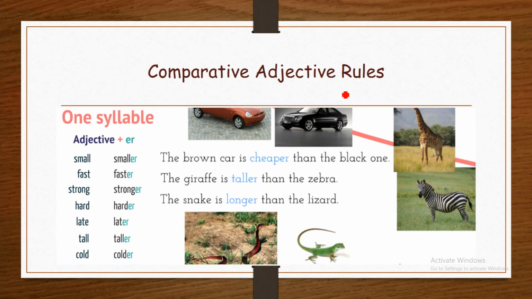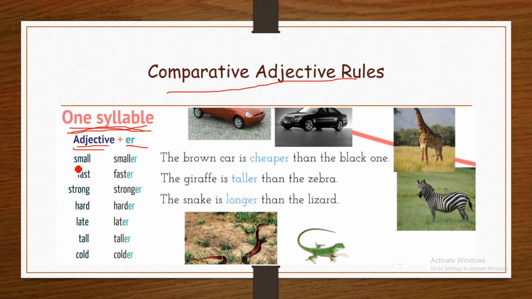Comparative adjective rules. For one-syllable adjectives, we just add er to them. The adjective, one-syllable adjectives plus er.